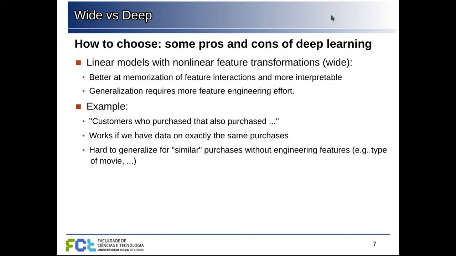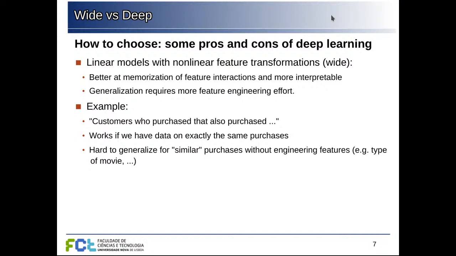So if we have things like customers who purchase this product also purchase that product, these kinds of simple models would be best because they identify specifically the products that go together.